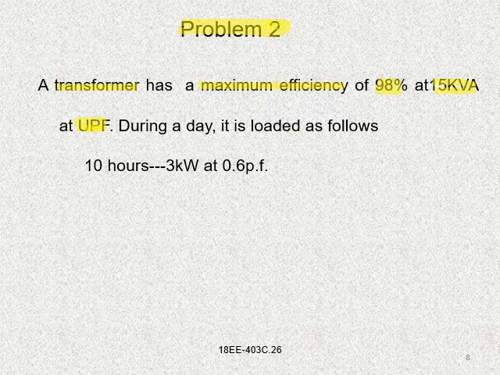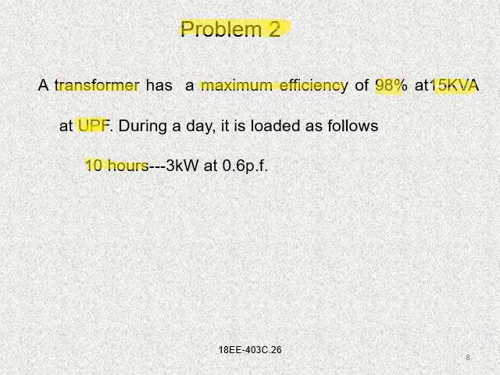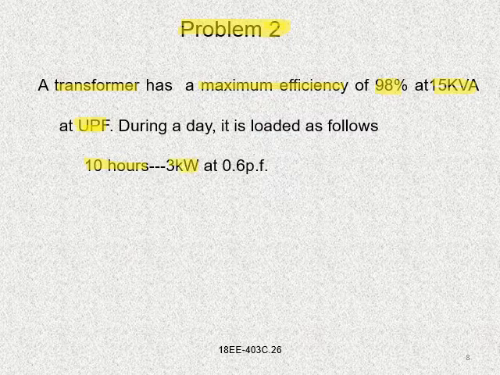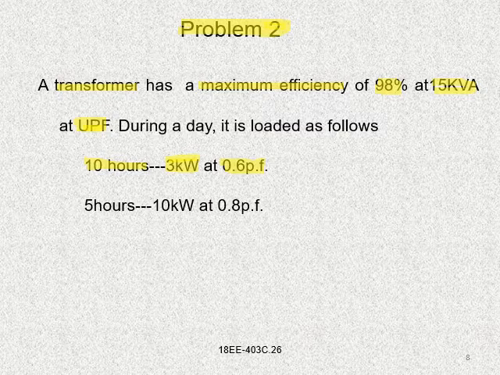For the first 10 hours of duration, the load is of 3 kilowatts at 0.6 power factor. And for the next 5 hours of duration, the load is of 10 kilowatts at 0.8 power factor.